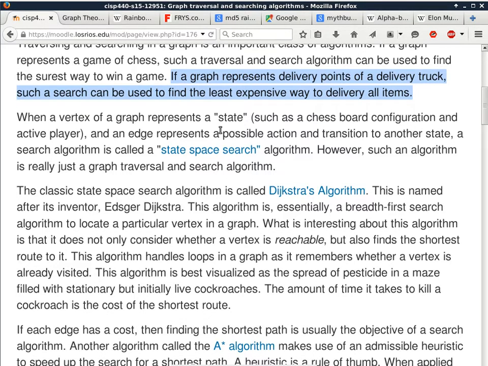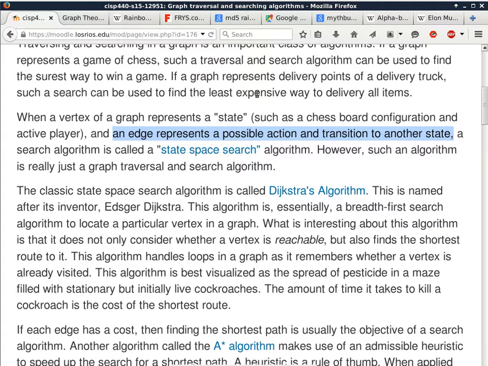Okay, so what we want to do is also talk about state space search, where a vertex of a graph represents a certain state, such as the board configuration of a chess game or Mastermind. In those cases, an edge represents an action and therefore a transition to another state. So you start off with a particular known state of a chessboard, and then you say, I'm going to make this move.